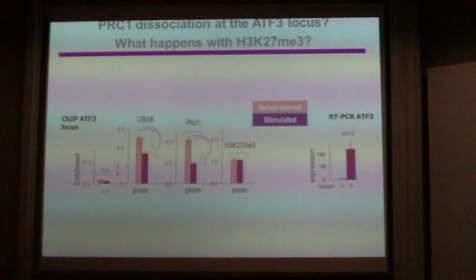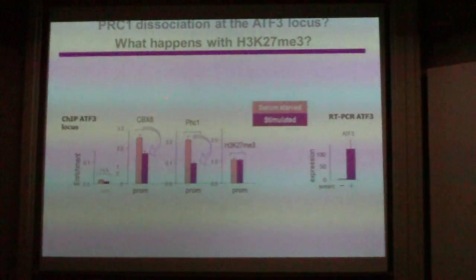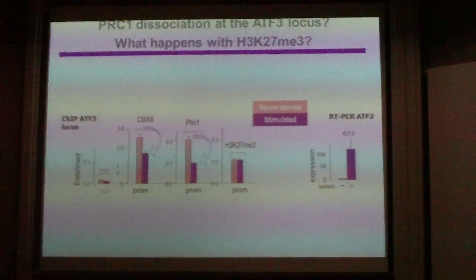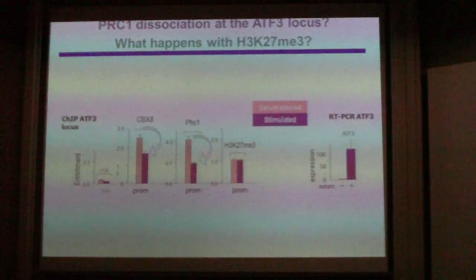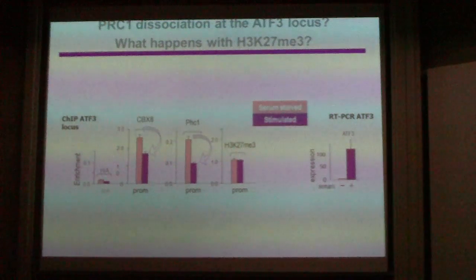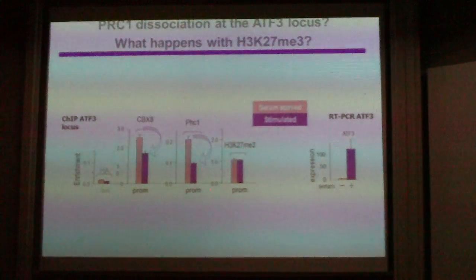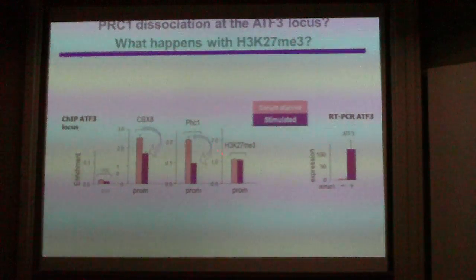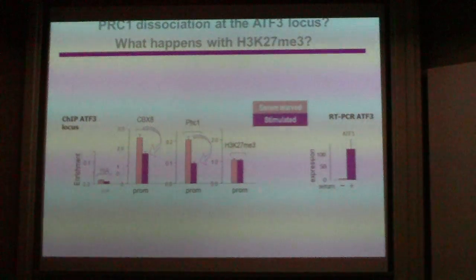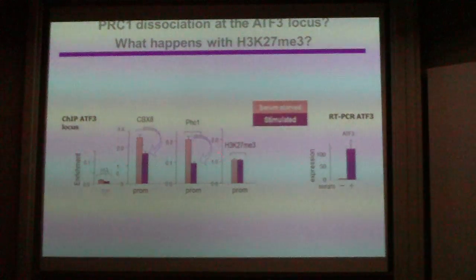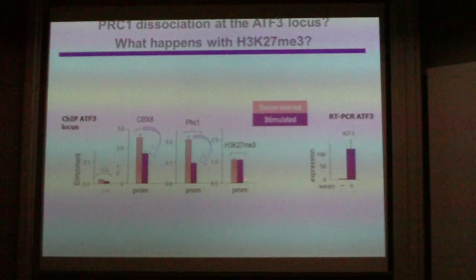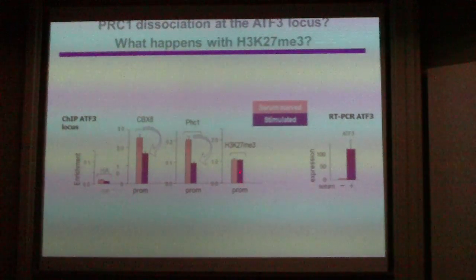So we lose PRC1. And what we were also curious about is what would happen with the H3K27 methyl mark itself, whether it would also be lost. So therefore we also took along this immunoprecipitation, this ChIP, and we saw that there is actually no change between the serum starved and the serum stimulated cells.